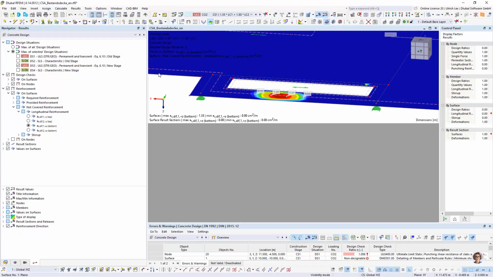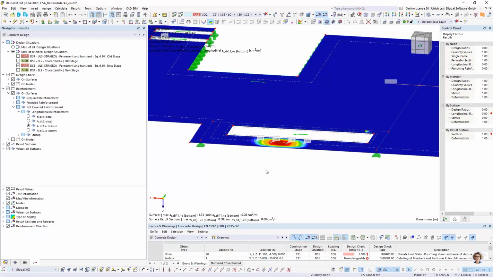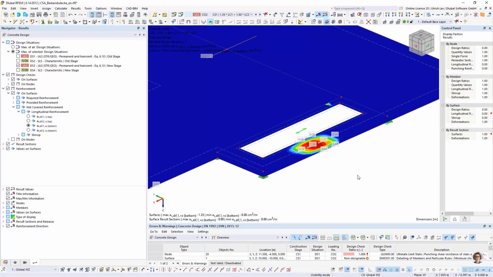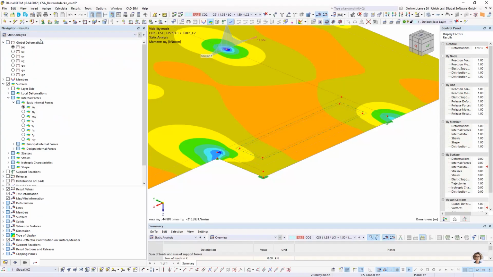I prepared here something new, and we can add here an additional beam as well.